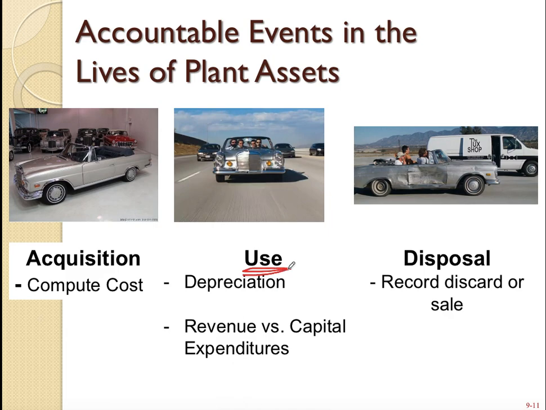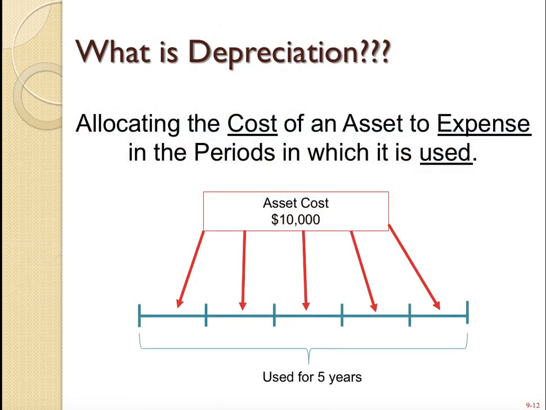Okay. And the first thing we're going to talk about in the use phase is depreciation. Now, what is depreciation? Even though we've addressed that term already in this class, I think a lot of people still don't quite understand what it means as far as accounting terminology, because that term is used by other people in a slightly different way.